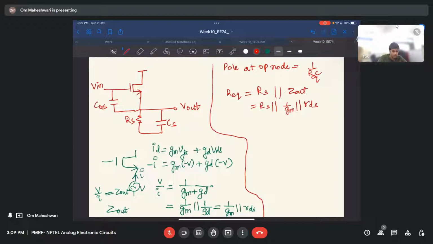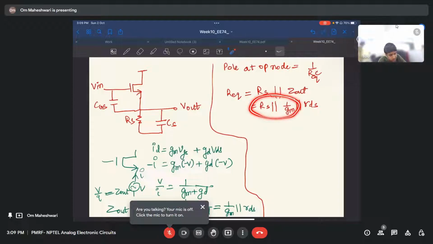I'll not solve it; you can solve the parallel combination easily. You can take two at a time. First solve these two, then solve these two, or do these two first, then solve the parallel of both. It will be the same thing.